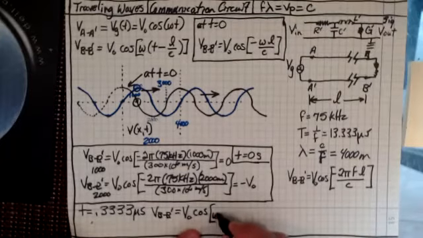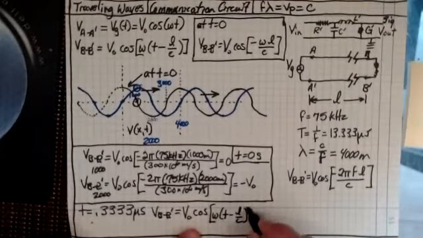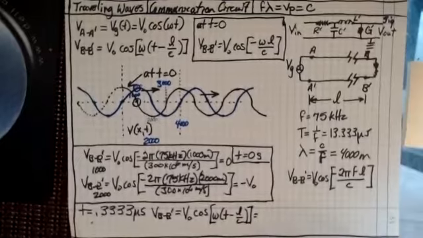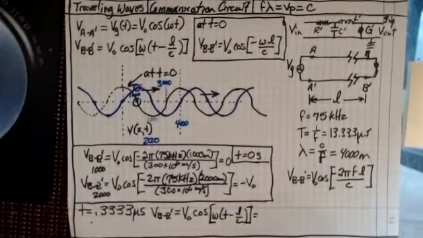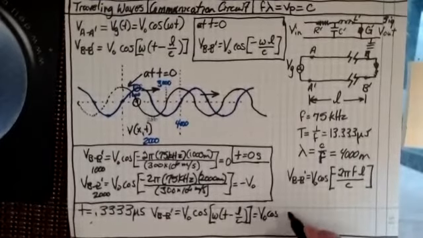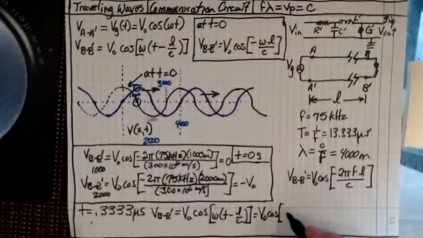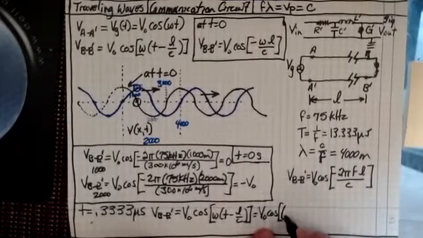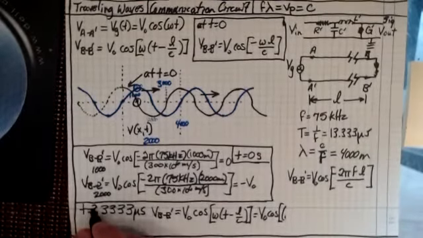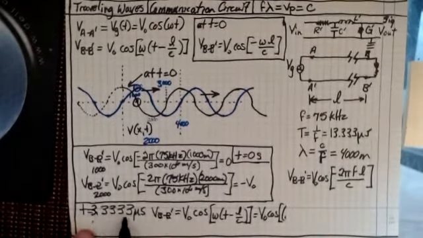So now we've got omega times t minus L over C. Why don't I just write it out that way? So I've got V0 times the cosine. Let's put some numbers in there. Oh, excuse me, wait a second. It wasn't 0.33. That should be 3.333.